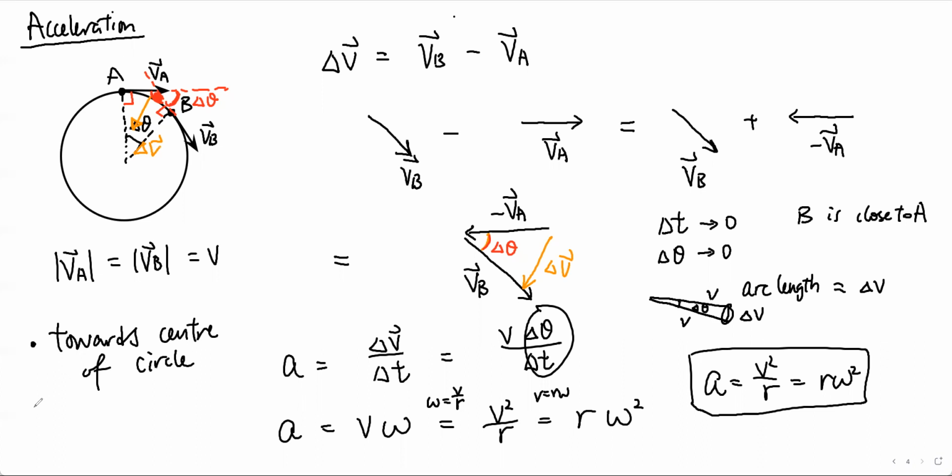We will call it centripetal acceleration. This one means center, this one means towards. That means towards the center. That's a name for the acceleration in a circular motion.